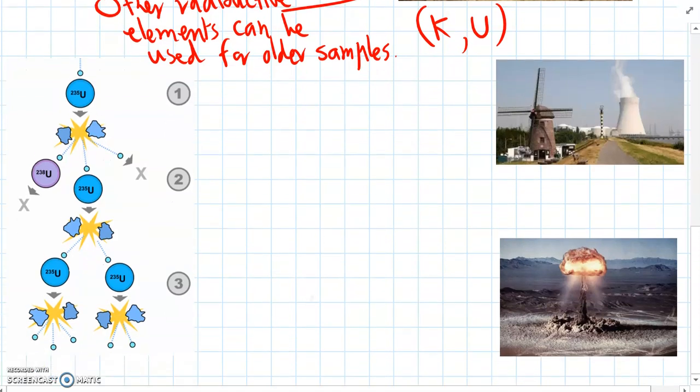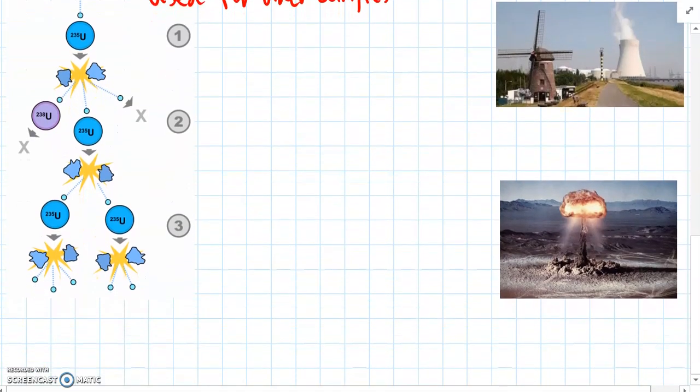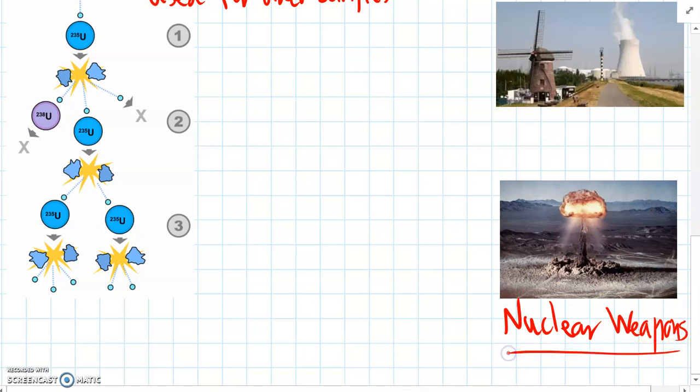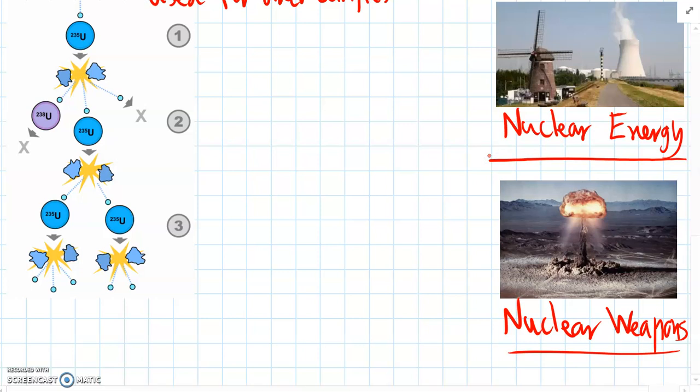There are a couple of other uses that are also really common for radioactive materials. And these are obviously nuclear weapons, which is always a difficult subject, and nuclear energy as well, which is safer, but, well, obviously it's safer than a nuclear weapon, but it's very controversial as well.